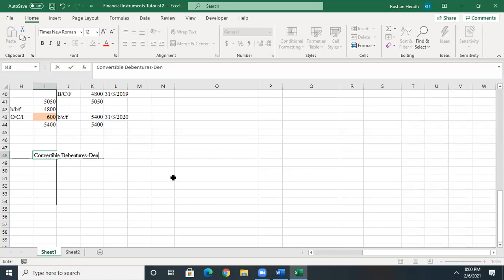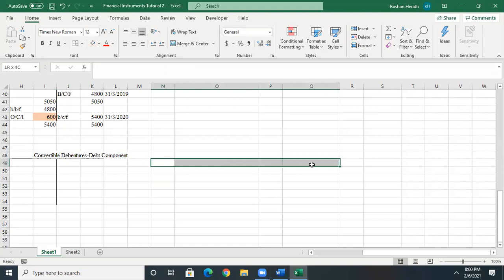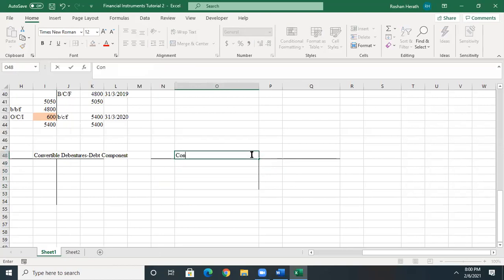It's about the debt component, as well as you got the equity component as well. We call it the equity option. Convertible bond, equity option. Right. So you need to apply the split accounting.